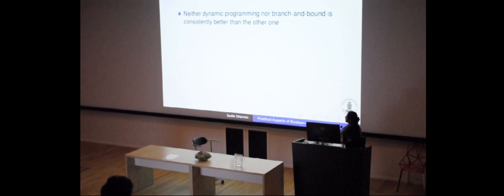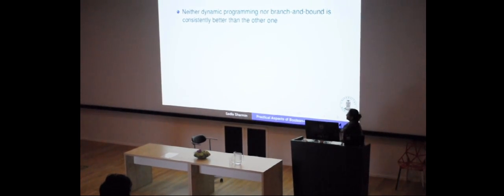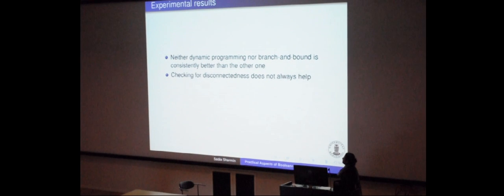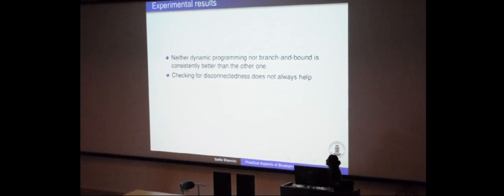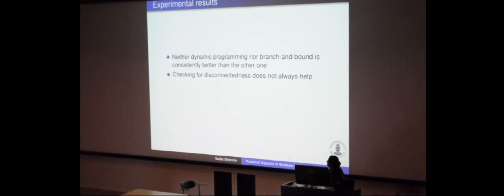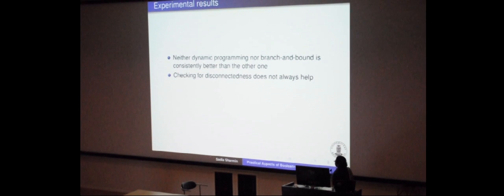For some graphs branching was better, and for some graphs dynamic programming was better. One thing we also notice is that checking for disconnectedness does not always help. For some graphs, it gives better running time when checking for disconnectedness is not there.